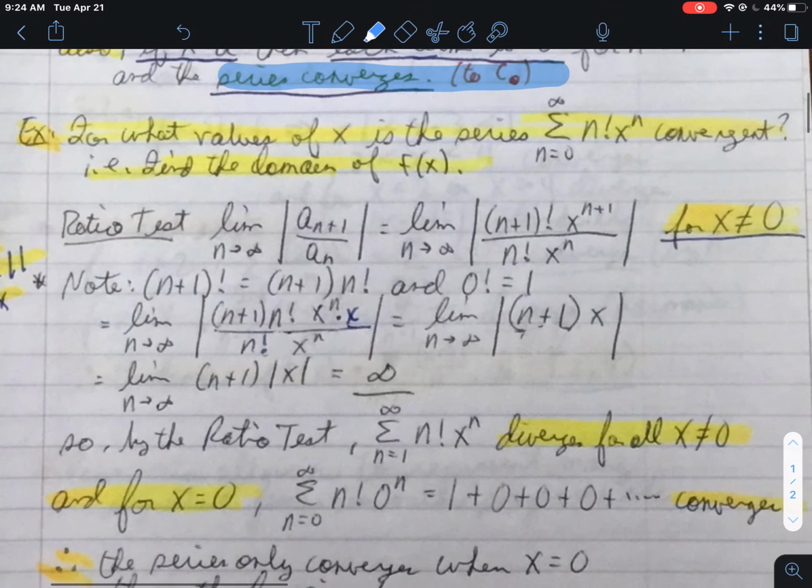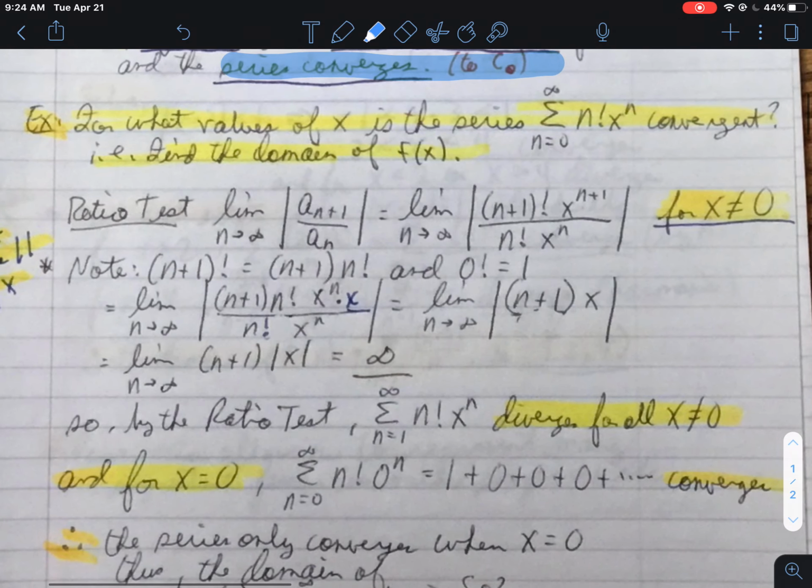All right, for example, for what values of x is the series sum as n goes from 0 to infinity of n factorial x to the n convergent? You're going to see a lot of ratio tests with power series in determining convergence or divergence, not exclusively, but you do see a lot of power series, okay?